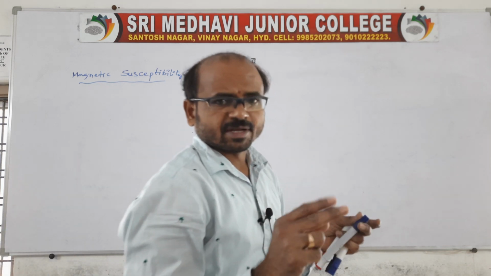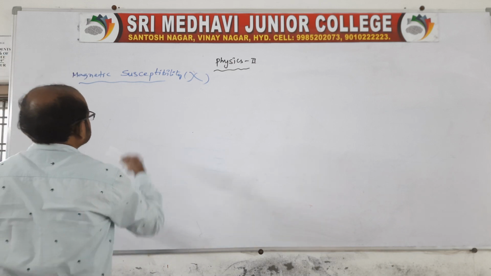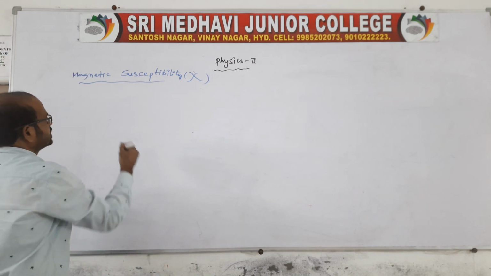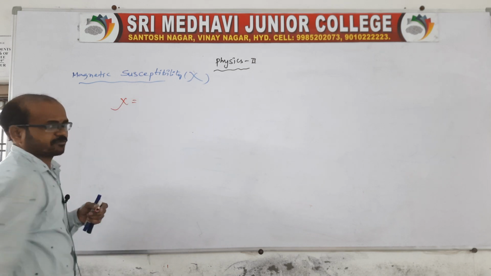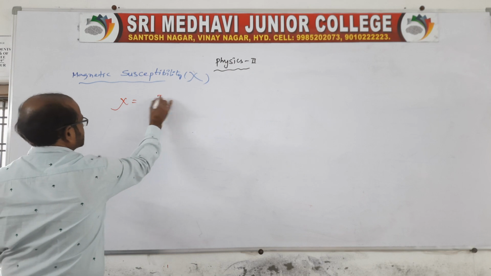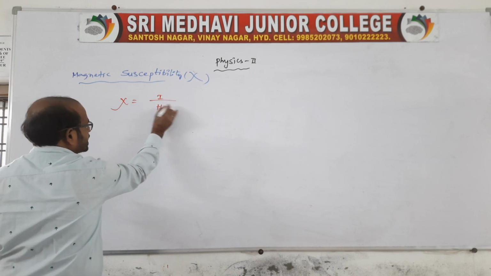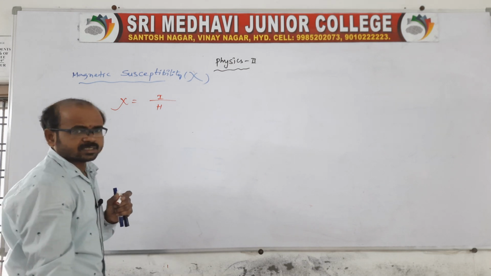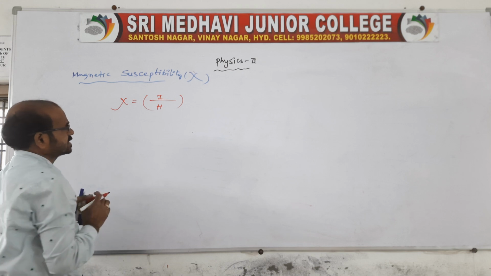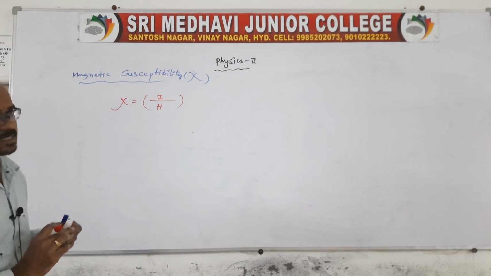What is magnetic susceptibility? Xi is defined as the ratio of intensity of magnetization to intensity of magnetizing force, or magnetizing field.